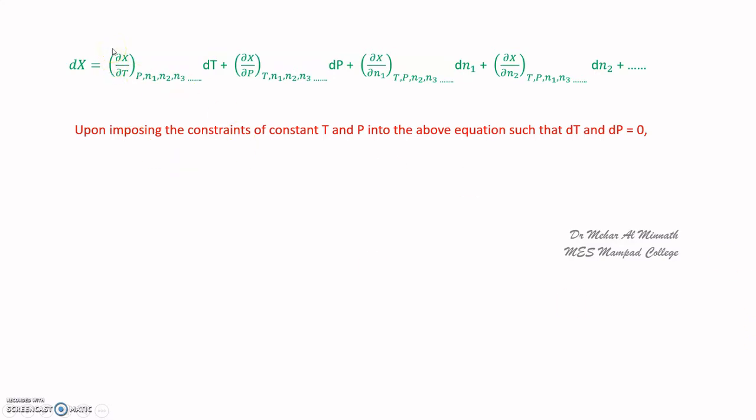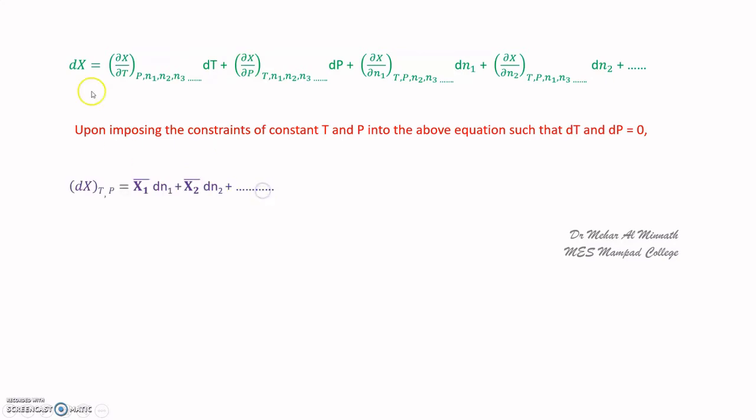That is, there is no change in pressure and temperature. Then the first two terms related to temperature and pressure, that is change in extensive property with respect to change in temperature, and change in extensive property with respect to change in pressure, will be 0. So these two terms will be 0, since dT and dP are 0.